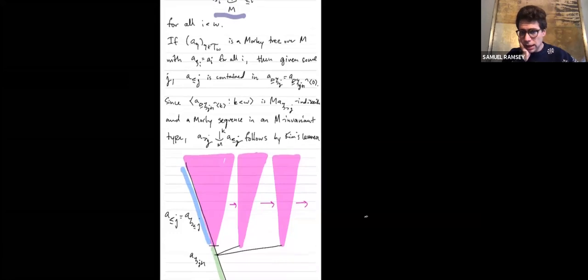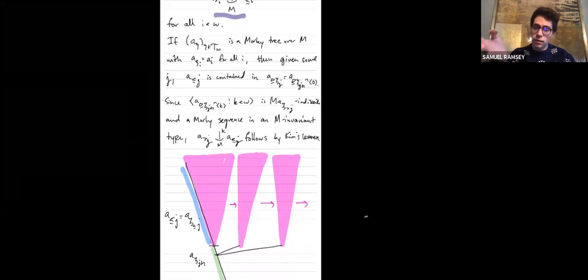Let's look at (a_η) for η in T_omega, which is a Morley tree witnessing that our given sequence is a tree Morley sequence. So we were given a tree Morley sequence. That means that it is the all zeros path in some Morley tree. Let's call that tree (a_η) for η in T_omega. Then if I'm given some j and I look at the initial segment, a_{≤j}, that's contained in the cone above ζ_j.